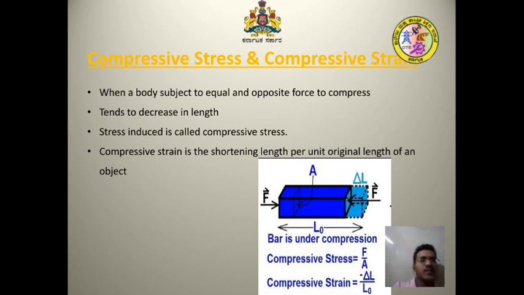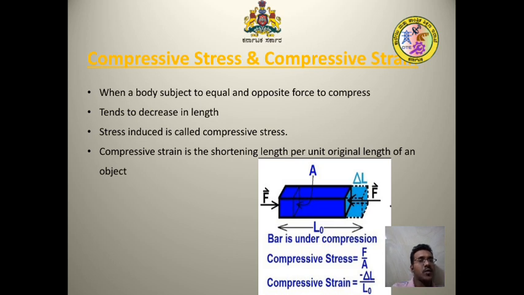Okay, you can observe in the figure. In this figure the bar is subjected to compressing forces at both ends, that is, it is pushing, not pulling, the bar element. Due to this compressive force acting per unit area, it is called a compressive stress.